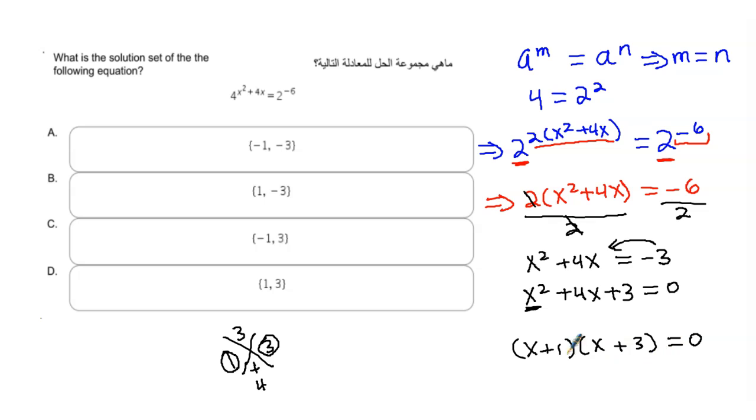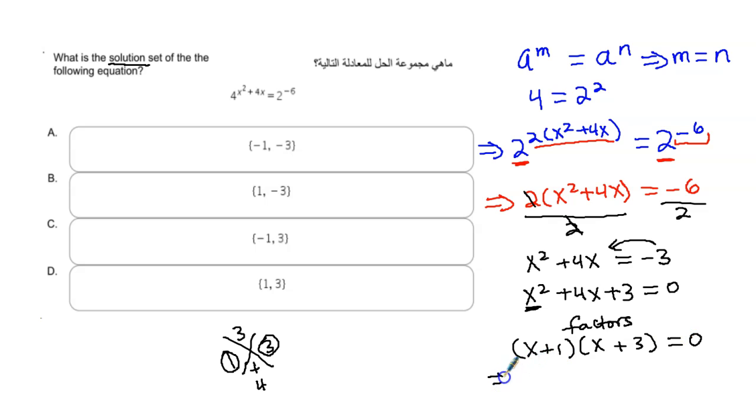At this moment we are almost done. Once we are here, these are the factors. The question asks us for the solution. Solution means we have to solve for the zeros. So the opposite of the factors is the solution.